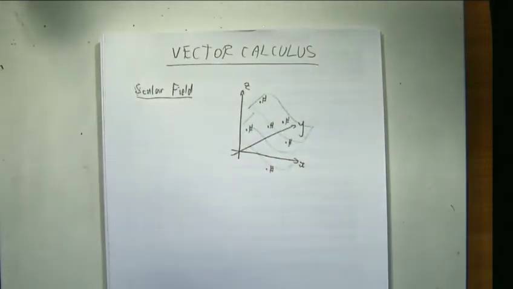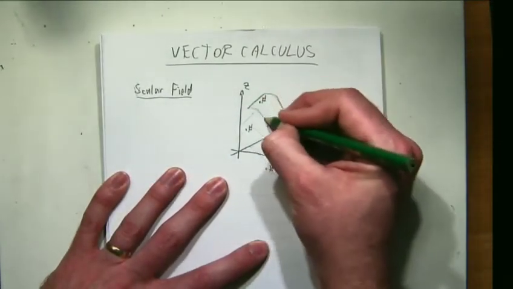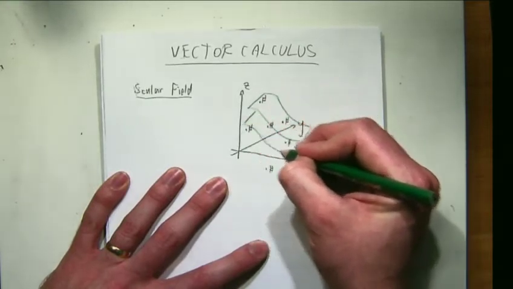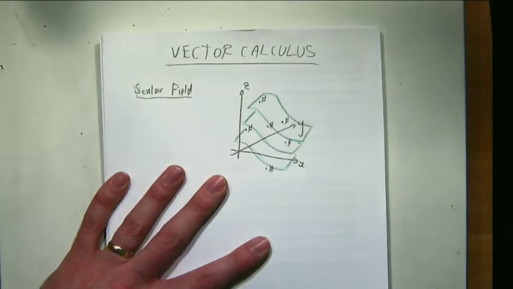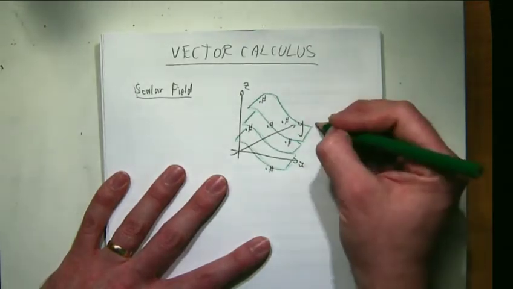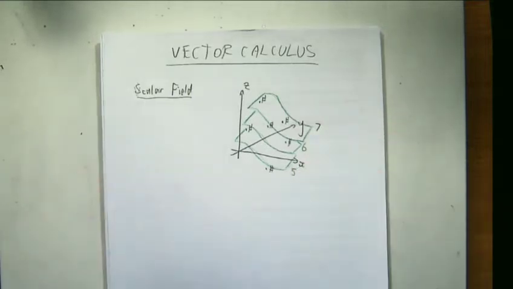So this might be where the scalar field comes out to 7. This might be where it comes out to 6, this might be where it comes out to 5. And everywhere in space you can say, well, let's find all the ones that come out to 5, and it will produce some sort of surface in space.